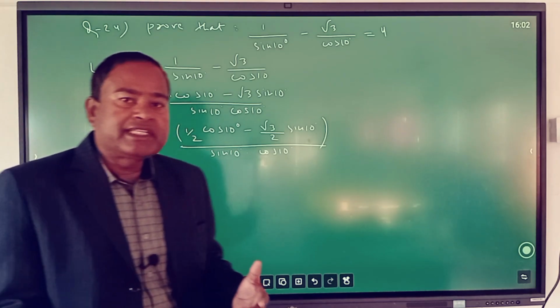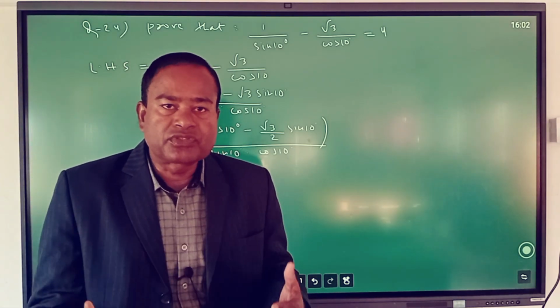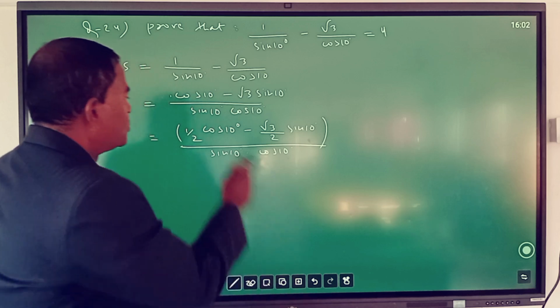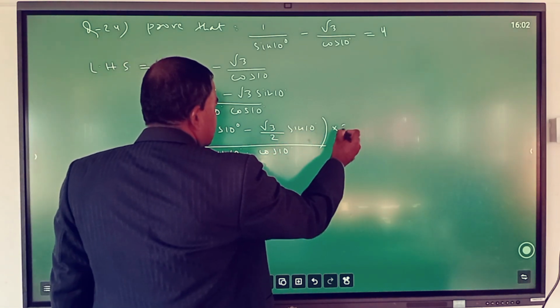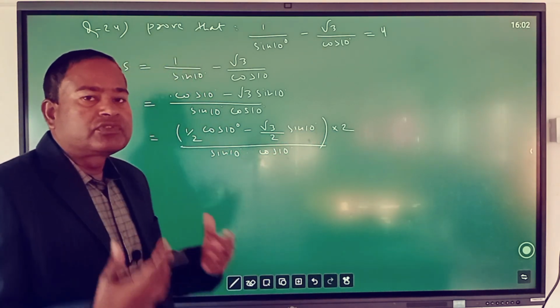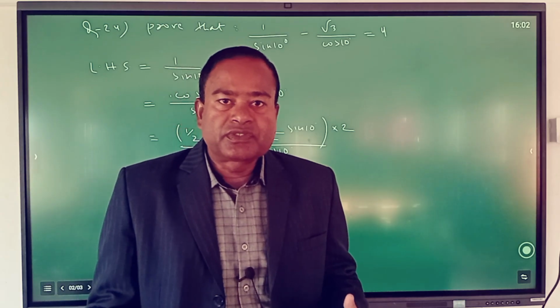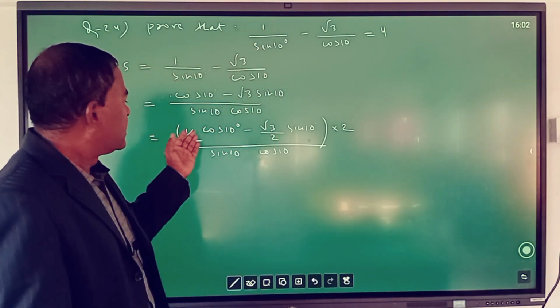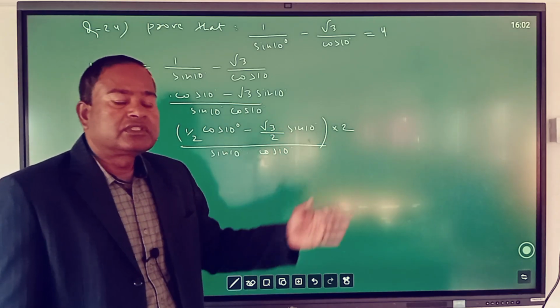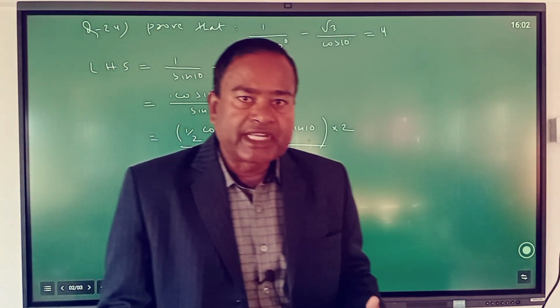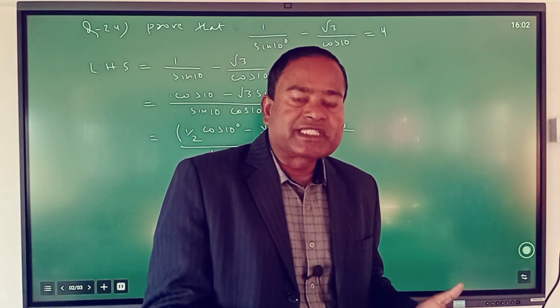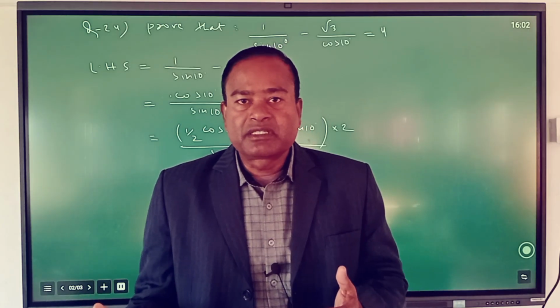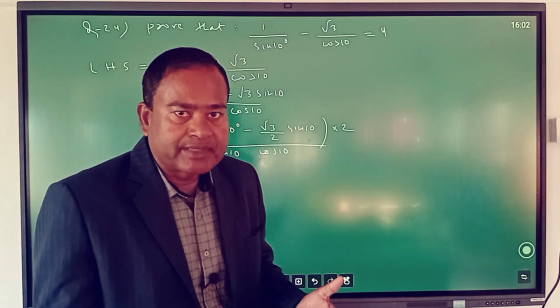Now, in order to balance the system, we have to multiply the whole expression by 2. So this means we have to divide by 2 and multiply by 2 so that the expression of the numerator will change into compound angle. That means it will change in the form of sin A minus B or cos A minus B.